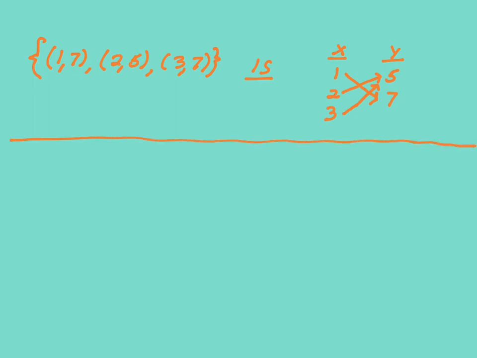So how do we tell if something is a function or not? Well, using a graph, we can use what's known as the vertical line test. So let's say we have a function on an xy coordinate plane, and let's say that this function looks like this.